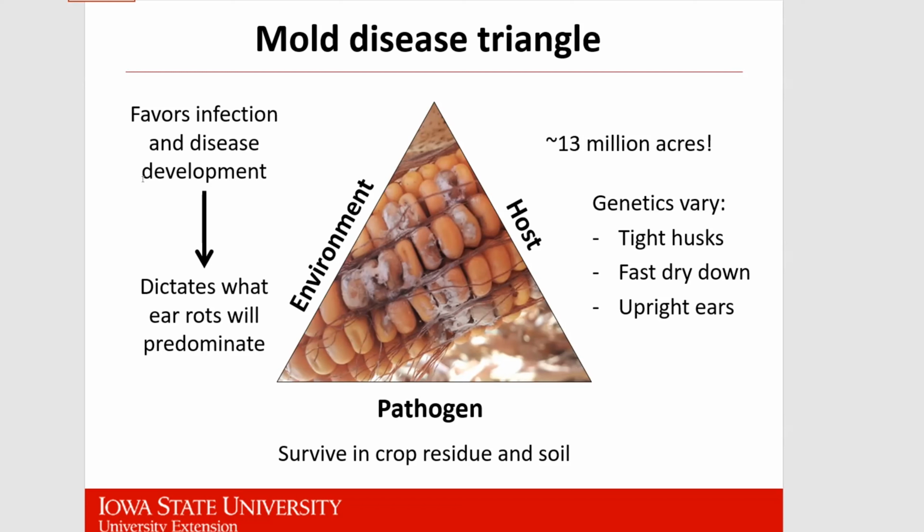Here in Iowa, it's been really dry. So we have not been seeing a lot of diseases, period, much less ear molds. So that environment, though, is a big driver. It really dictates what we're going to see in a particular year, and it should dictate what actions you guys are going to take, or anyone's going to take, with regards to ear rots or other diseases.